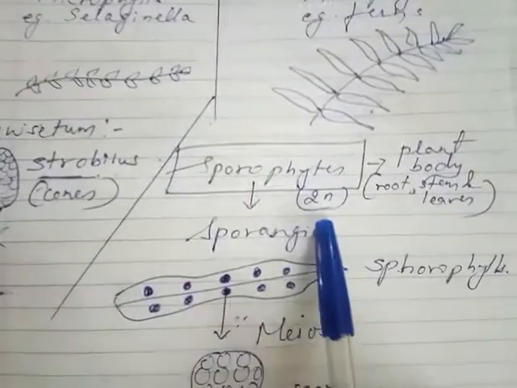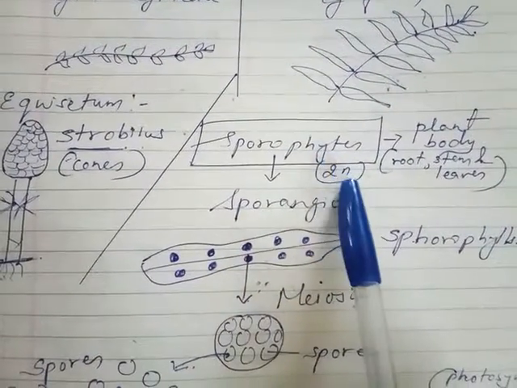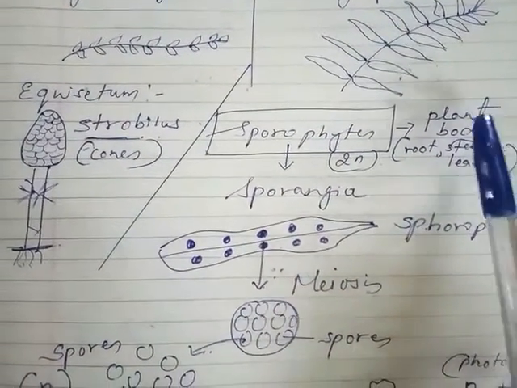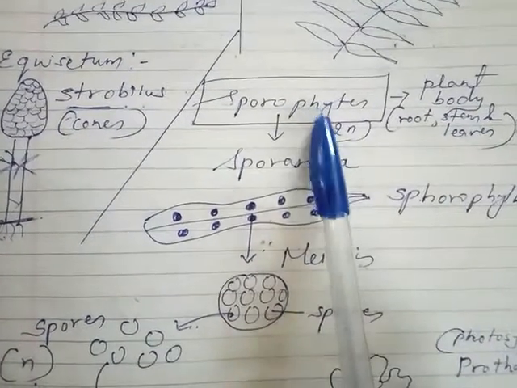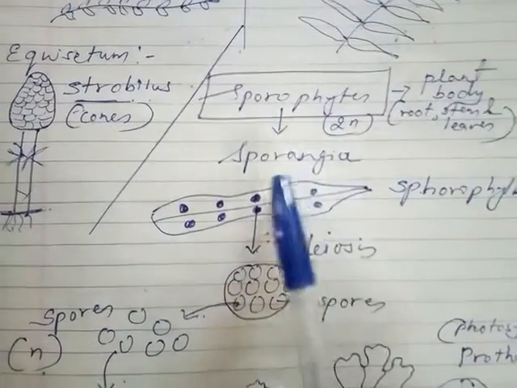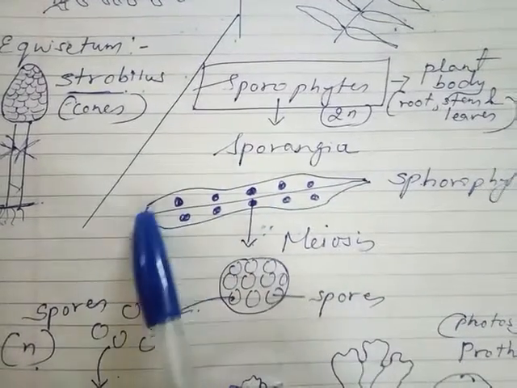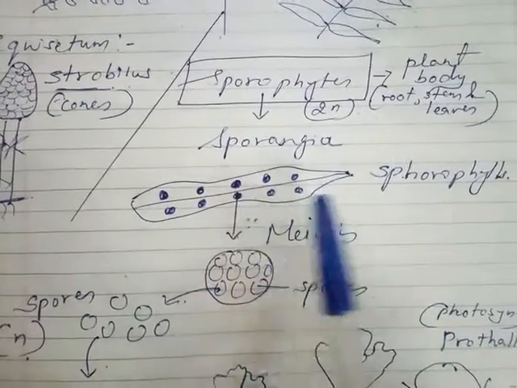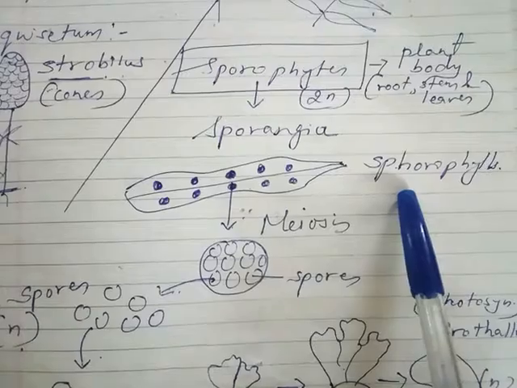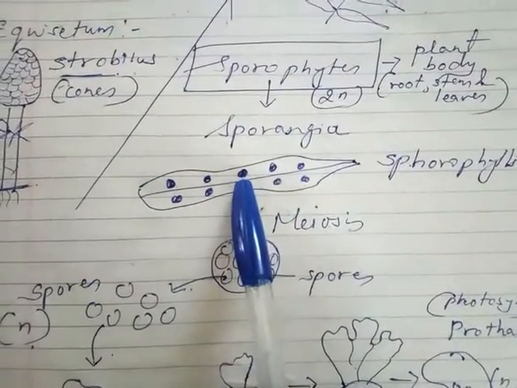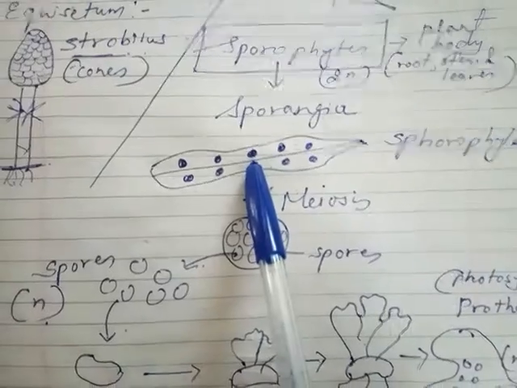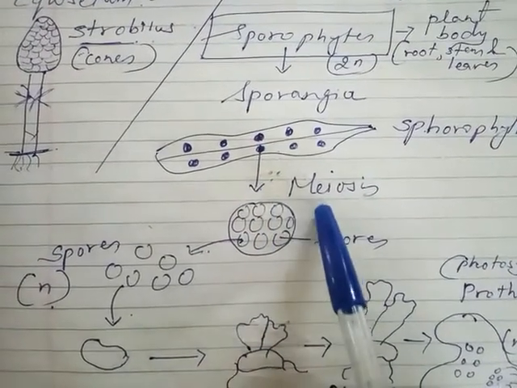Now let us see the life cycle. Now sporophyte, that is the diploid stage, that is the main plant body which will be having root, stem and leaves. These sporophytes have sporangia. Sporangia are present on the leaf. So that leaf is said to be sporophyll. So sporophyte, sporophyll and sporangia. Now the cells inside the sporangia will undergo meiosis.